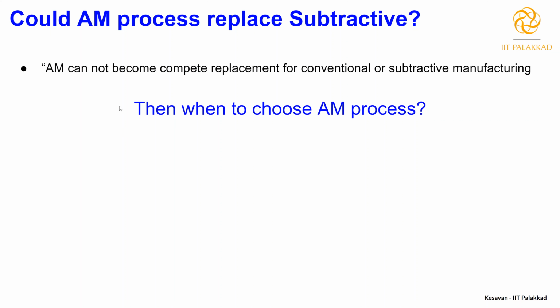Before you get into it, you should think about when one can switch to additive manufacturing. You cannot switch just because of the fancy word, or just because you have the liberty of doing additive manufacturing. You need to meet certain conditions.